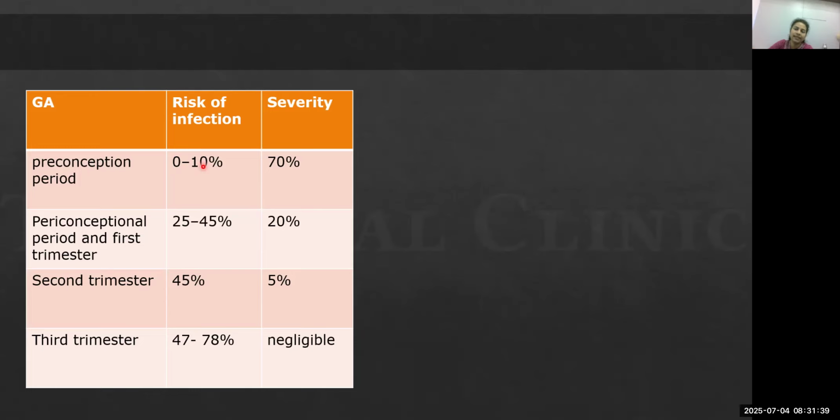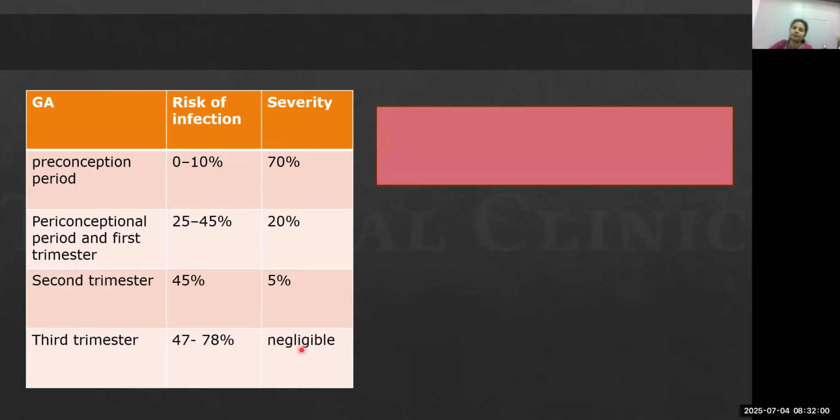As we can see here, the risk of infection increases from almost 0 to 10% in the preconceptional period to almost 47 to 78% at the third trimester. But the severity of infection gradually decreases. It's more severe in the preconception or periconceptional period and first trimester as compared to the third trimester.